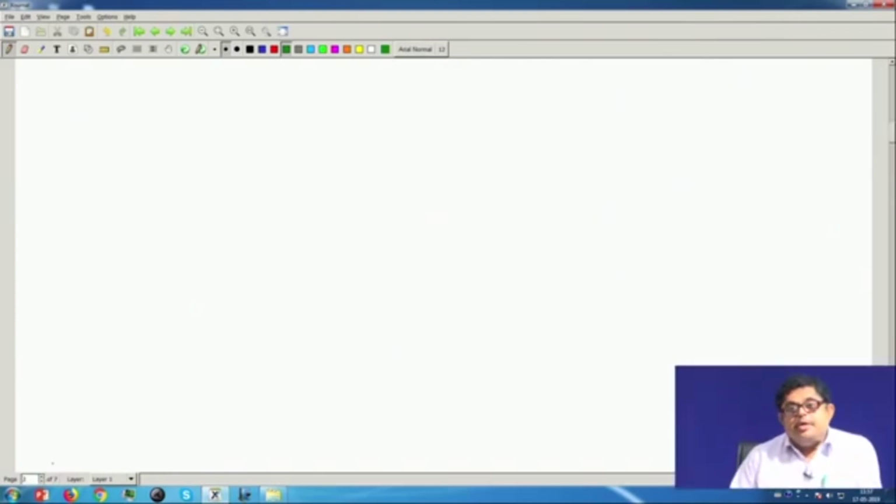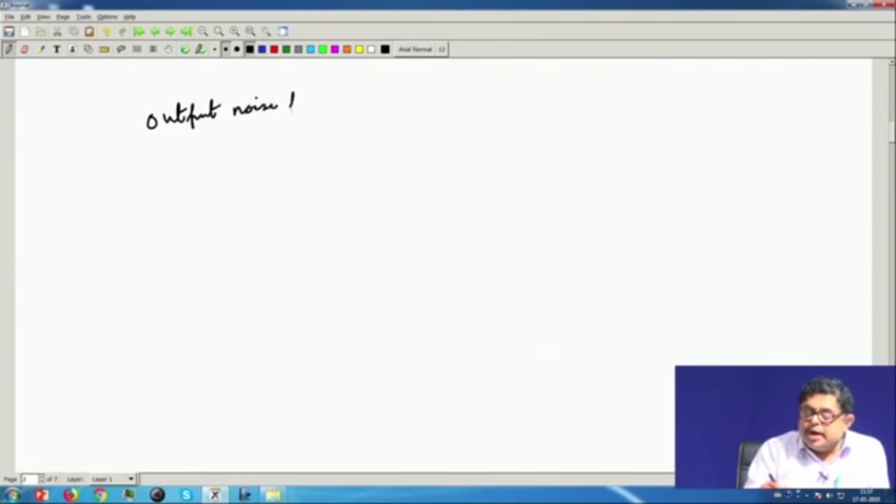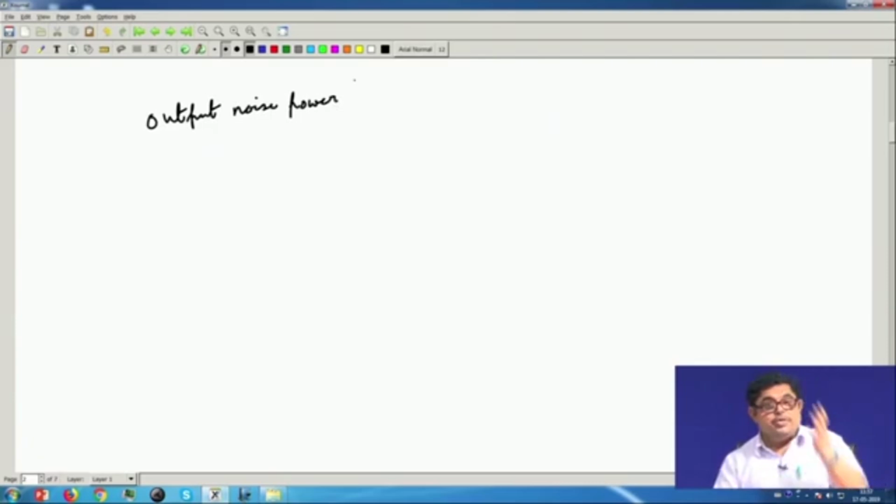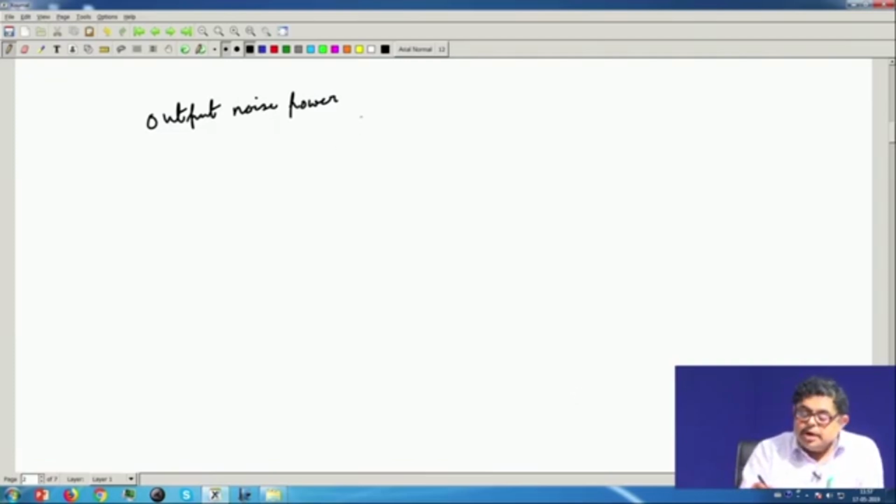Now, I am interested in the SNR at the output, so I will also find the output noise power. Because noise power we can define through the power spectral density, and we know the power spectral density. So, in the frequency domain we can integrate and find the output noise power, which I call N_0.